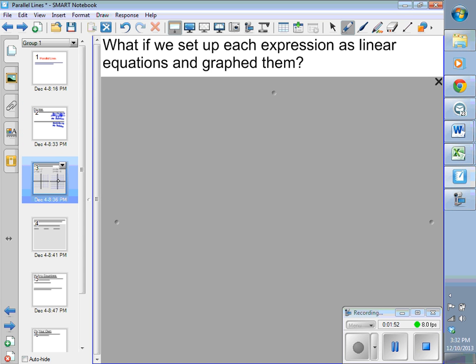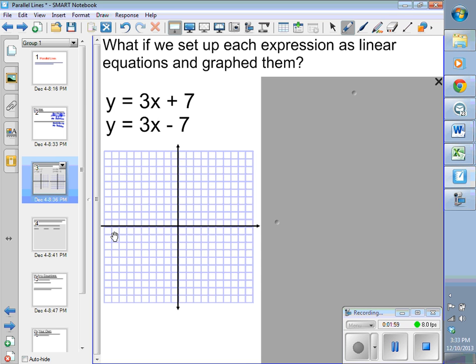What if we set up each expression as a linear equation and graph them? So let's look first just at this. I'm going to go ahead and save you the time, and you can pause it and graph it. I decided pausing it and graphing it probably wasn't so necessary. So 1, 2, 3, 4, 5, 6, 7 on the first line gives me a y-intercept of 7, and my slope is 3 over 1.